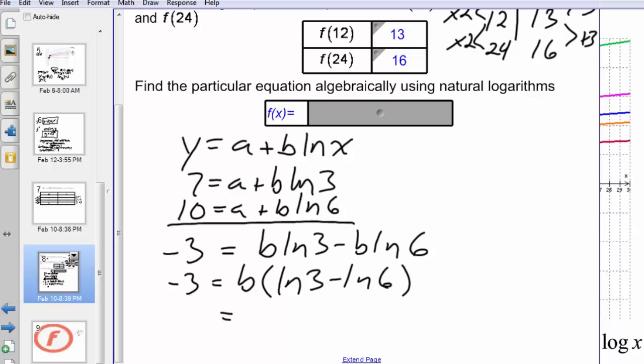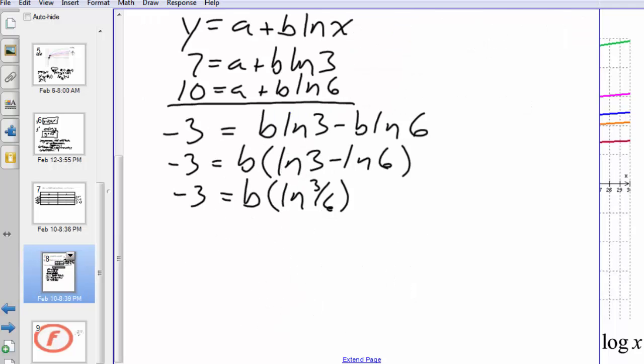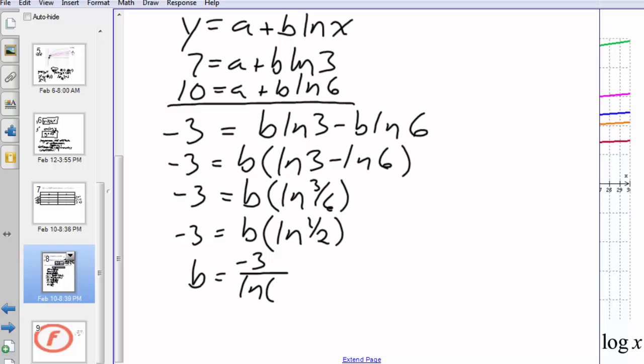I can apply my properties of logs and say that that is b times the natural log of 3 divided by 6. Subtraction results in a quotient. So negative 3 equals b times the natural log of 1/2, which tells me that b is negative 3 over the natural log of 1/2.